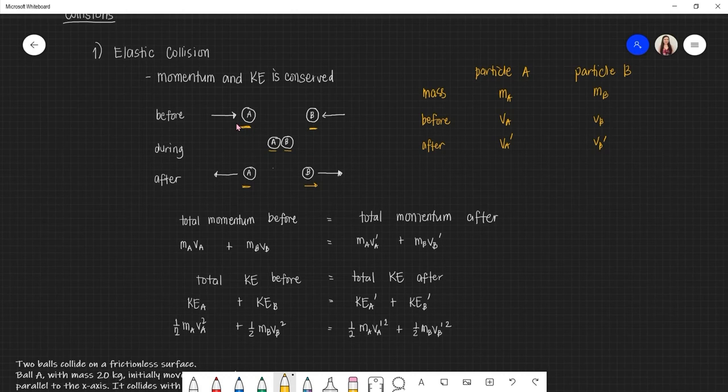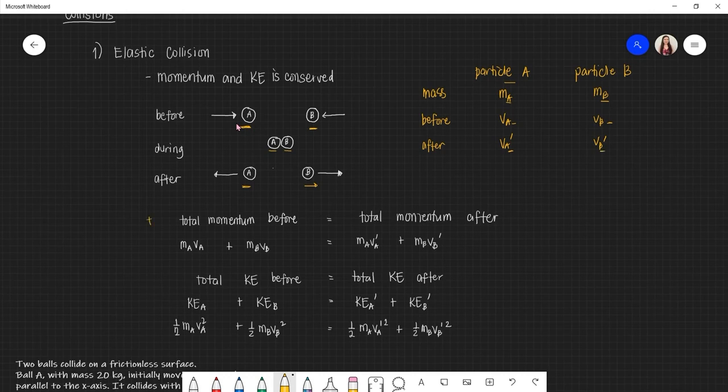Supposing the mass of particle A is m sub a, and the mass of particle B is m sub b. Before the collision, the velocity of particle A is va, and the velocity of particle B is vb. After the collision, the velocity of particle A is VA prime, and the velocity of particle B is VB prime.